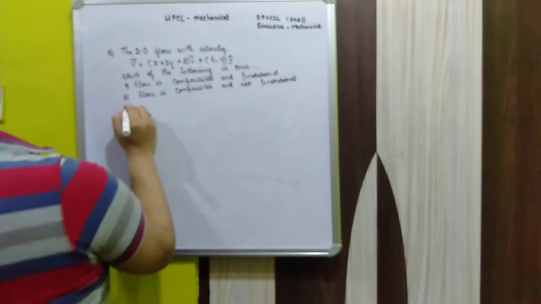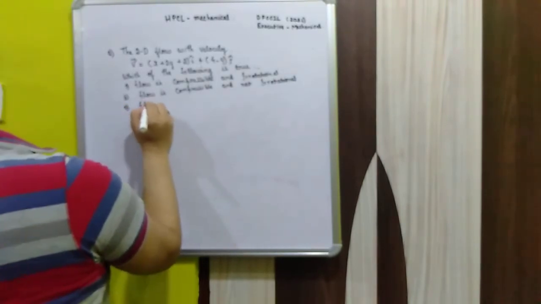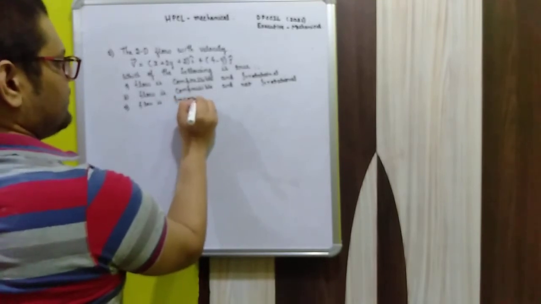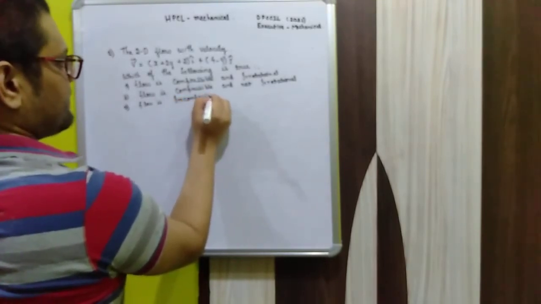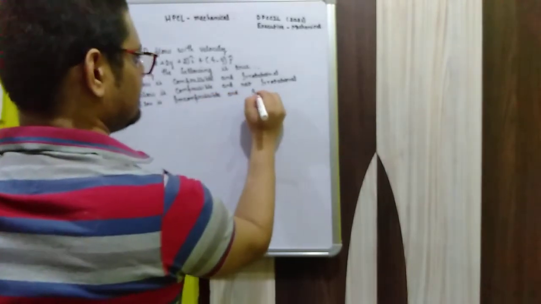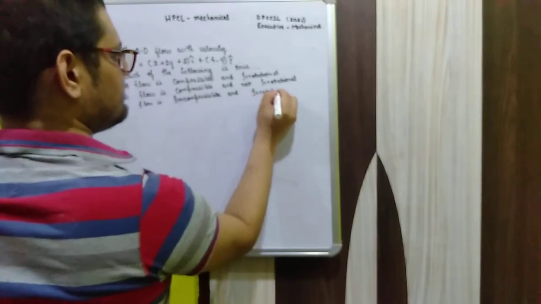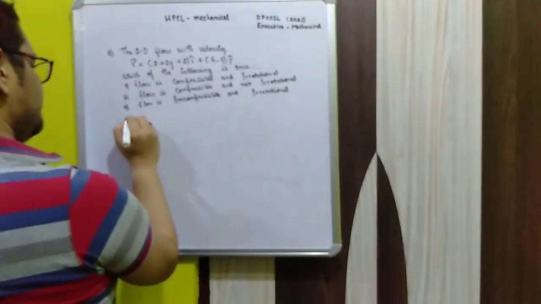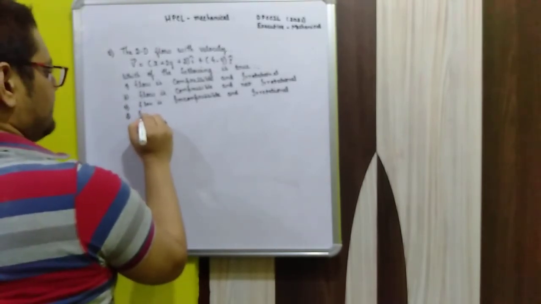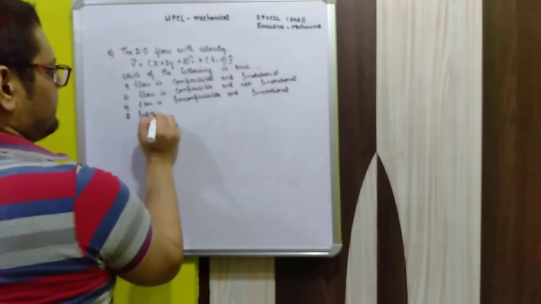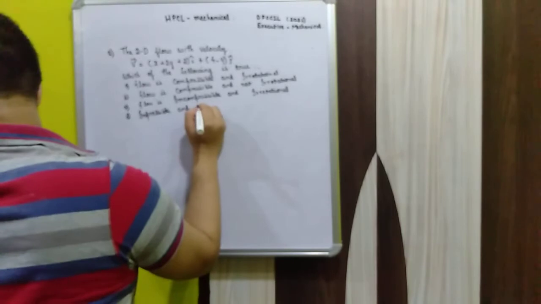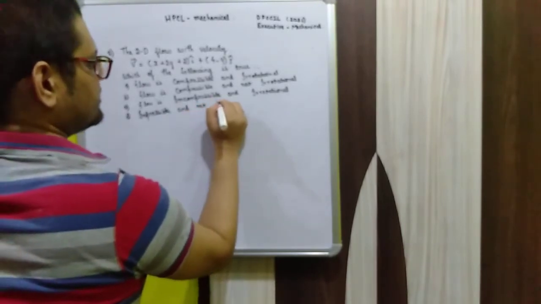Option C is given, that is the flow is incompressible, which means it cannot be compressed, and irrotational. And option D is incompressible and not irrotational.